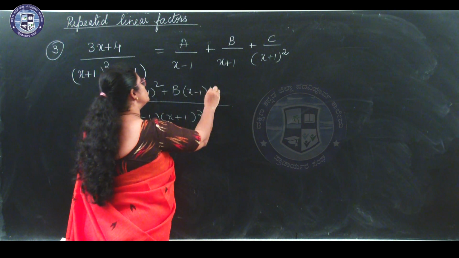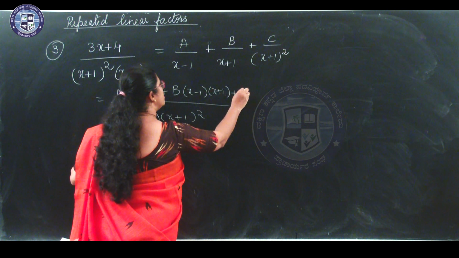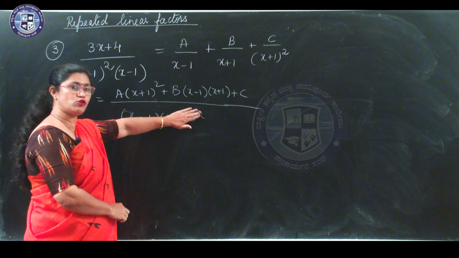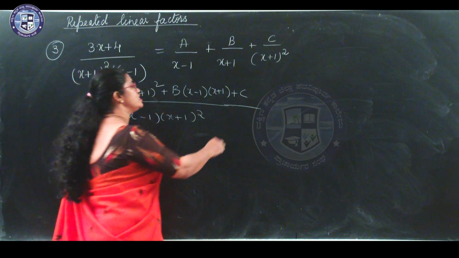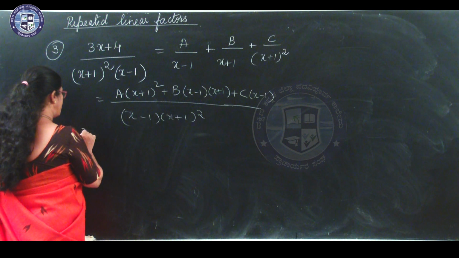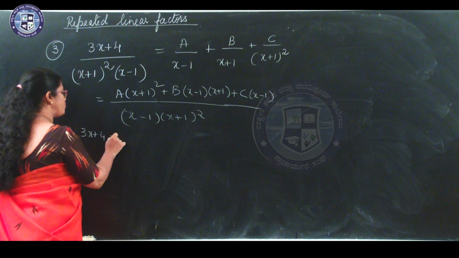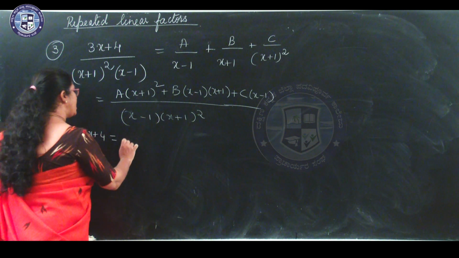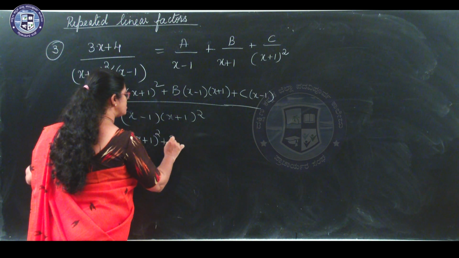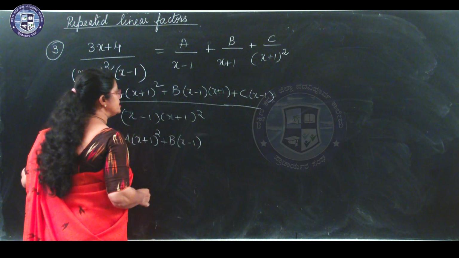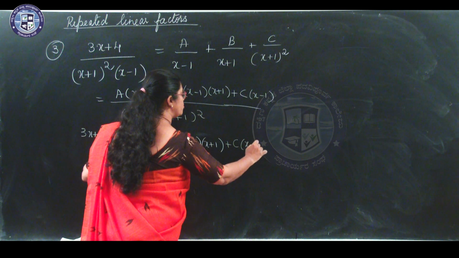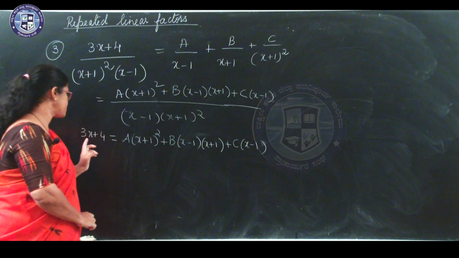So x minus 1 into x plus 1 plus c into, denominator of c has x plus 1 the whole square, what's not there is x minus 1. Equate the numerators, you get 3x plus 4 is equal to a into x plus 1 the whole square plus b into x minus 1 x plus 1 plus c into x minus 1.